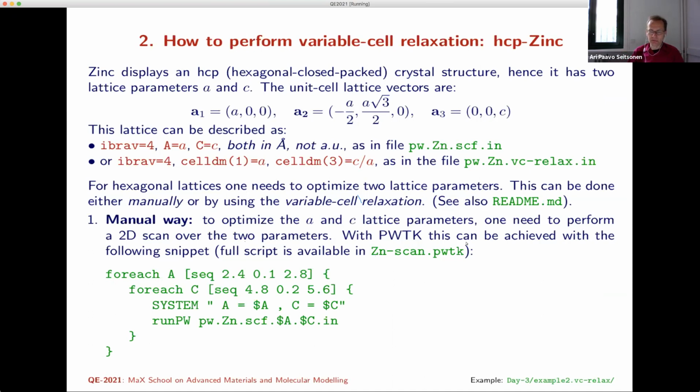There is already a ready script, and we can launch this in a while. This is the PWTK script. You already have experience with PWTK from the previous days. You can calculate that on your local machine, which takes a couple of minutes, or we can use remote computing. We will now go to remote computing. If you haven't studied that yet, we will start that with this example.